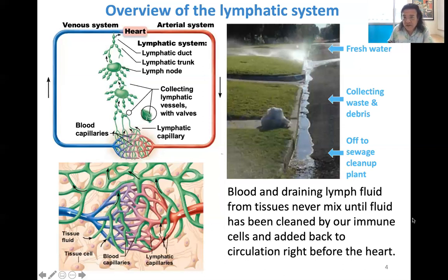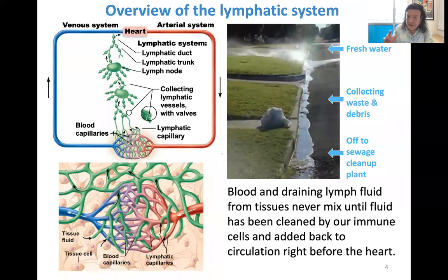So think about the fresh water by the time it's collected and is running through the gutters on the side of the road. It's kind of gross. It's collected all kinds of waste and debris: stuff on the road, maybe dead bugs from the grass, bits of grass itself, dirt. And then it all drains into this sewage intake so that it can go off somewhere and get cleaned up.